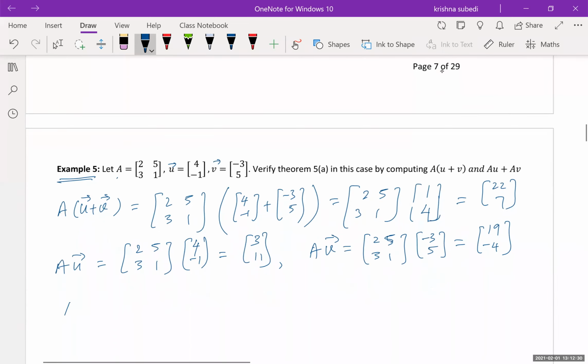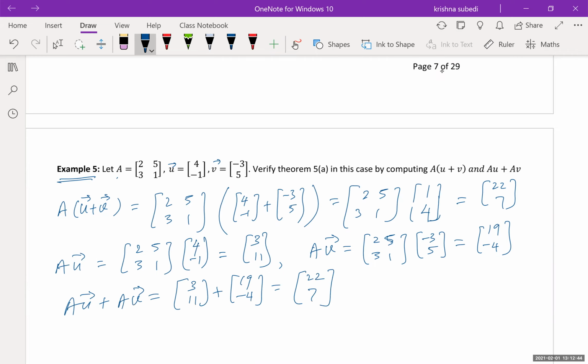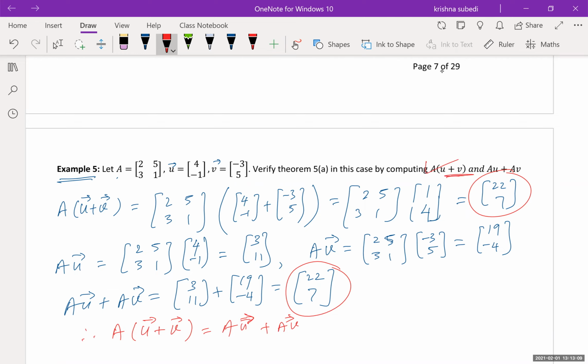So we have AU plus AV equals 3, 11 plus 19, negative 4. That's going to give me 22 and 7. Notice that they are equal. Therefore, A times U plus V equals AU plus AV. We proved that first condition. That's the only thing we want to prove here, so we are done.